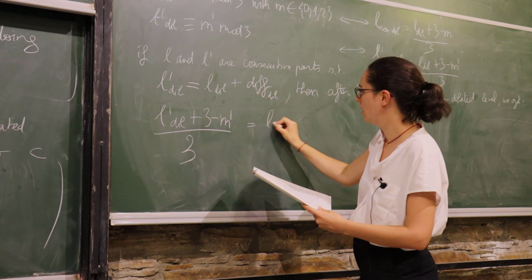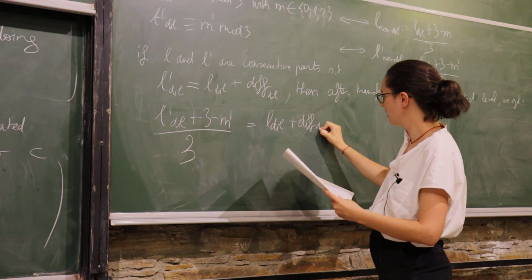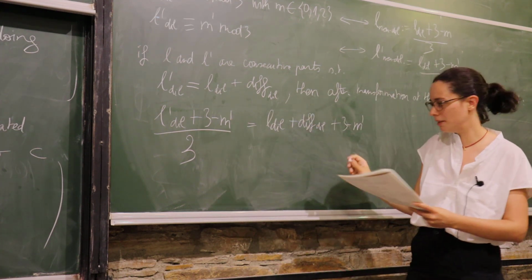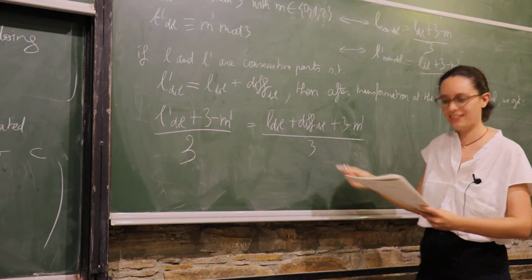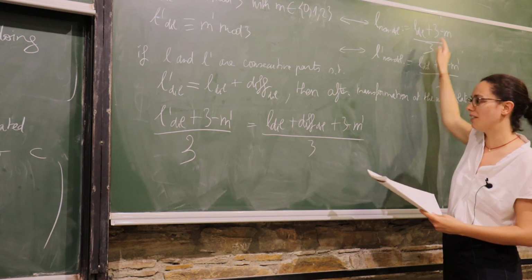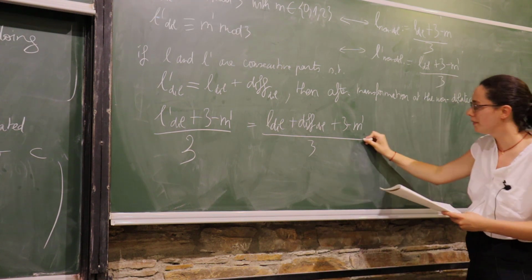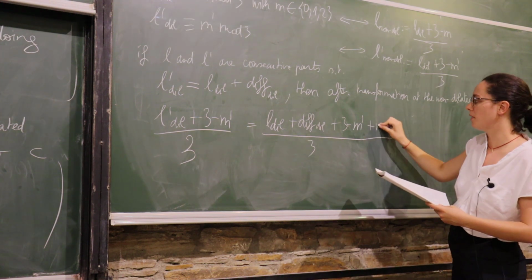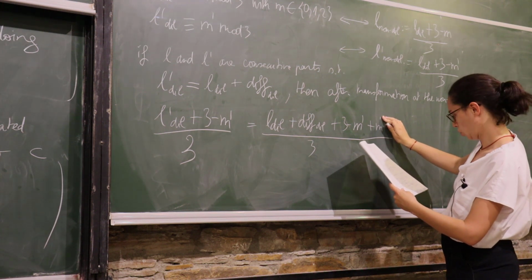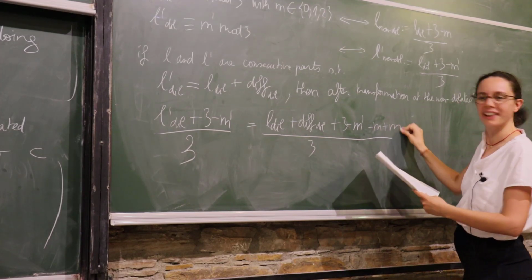So we write L dilated plus the difference condition, dilated plus 3 minus m prime. We divide by 3. Of course, that's still true. And actually here, this is almost what we want, except we have minus m prime and not minus m. But we can very well do plus m prime, minus m plus m.